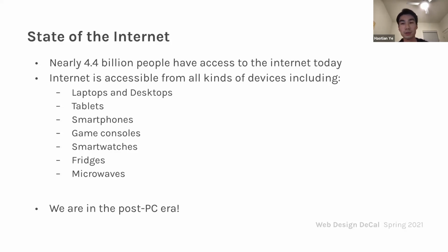And it's accessible from all kinds of different devices, from laptops and desktops to tablets to smartphones to your PS5. I don't know. And even fridges and microwaves can do it now. It's pretty insane. So there are a lot of different screen sizes out there that can access the internet. We are definitely in the post-PC era.